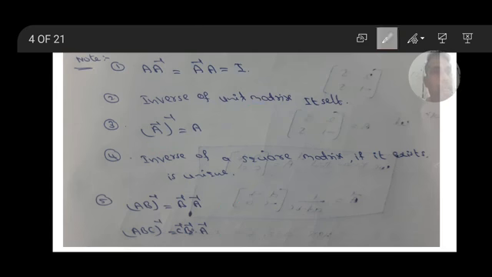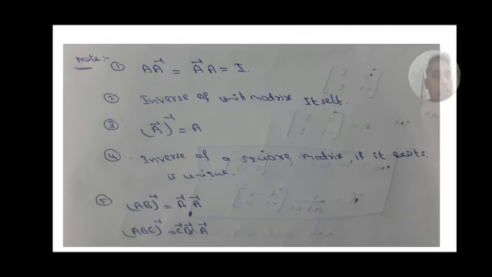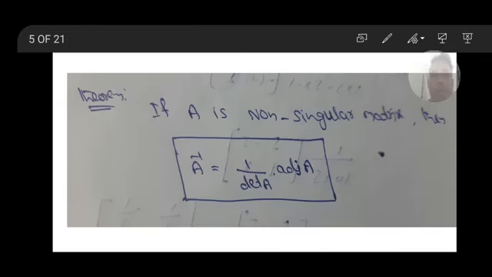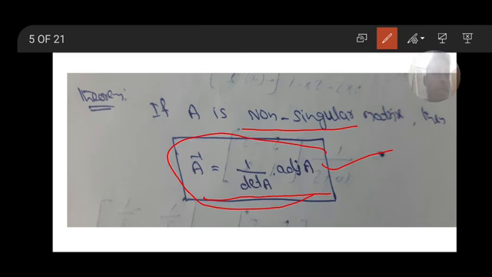Next, these are the observations. Next theorem, how to find the inverse. If capital A is a non-singular matrix, then to find A inverse, the formula is 1 by det A into adjoint A. We need to find det A, the determinant of A, and the adjoint of A, and substitute in this formula to get A inverse.